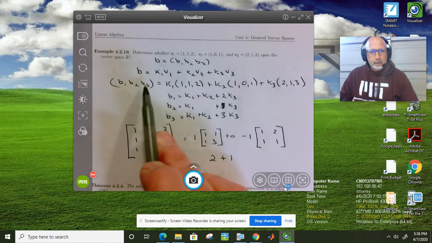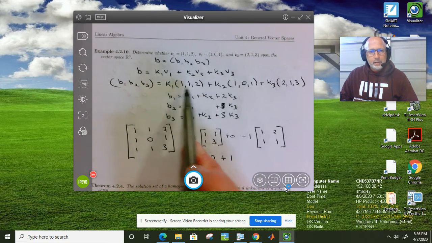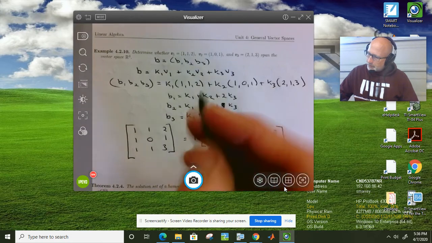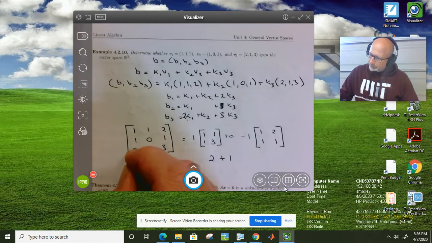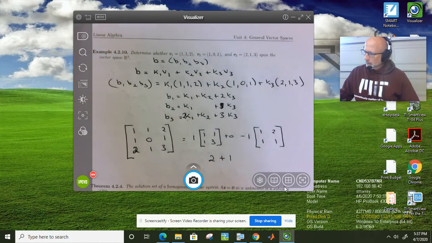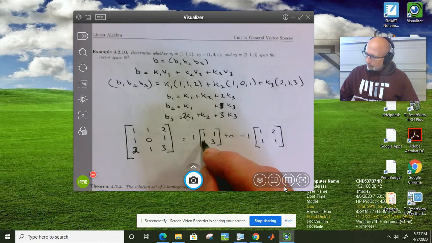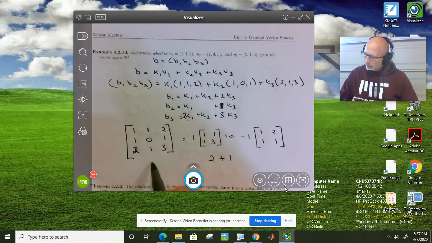So B3 is going to be equal to K1 times 2. So this should be a 2 here, which makes this a 2, which is going to make this a row. So 1, yep, this is a 2 right here.